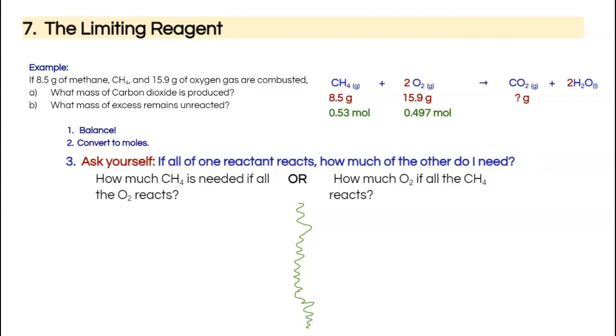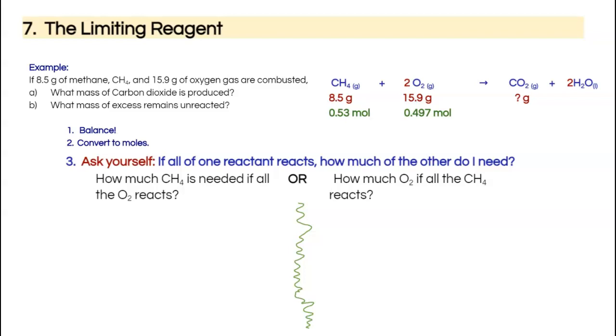I can do that from the perspective of methane, how much methane is needed if all the O2 reacts, or how much oxygen is needed if all the methane reacts. If you're solving a problem, you need to make one choice or the other, not both, but I'm going to illustrate what it looks like from either side.